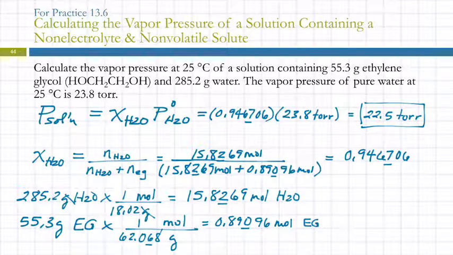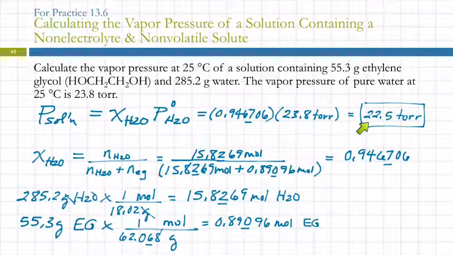So it's going to be in torr. You could do it in atmospheres. The unit here comes in torr because we had the vapor pressure of the pure solvent in torr. So whatever unit this is in is what your final pressure will be in, because the mole fraction is unitless.